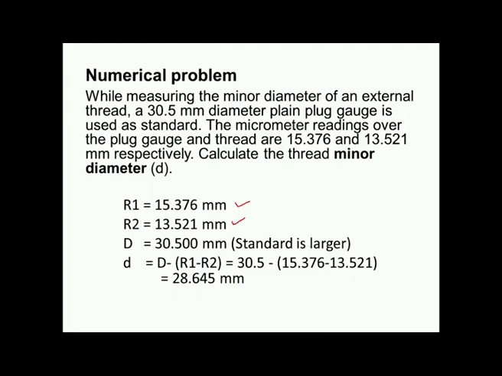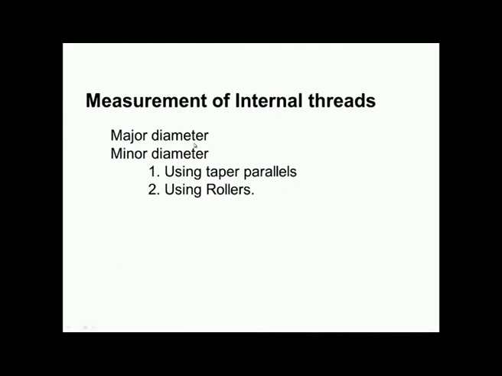So, in this case a larger diameter standard is used, and minor diameter is equal to D minus (R1 minus R2). Since the diameter of the standard is larger, we are using this negative sign. We feed these values, and finally we get the minor diameter, that is 28.645 millimeter.